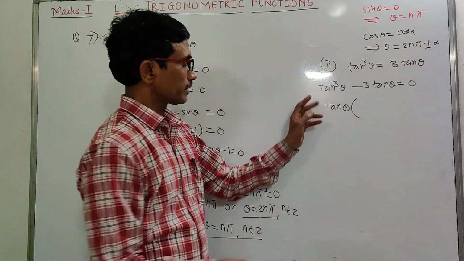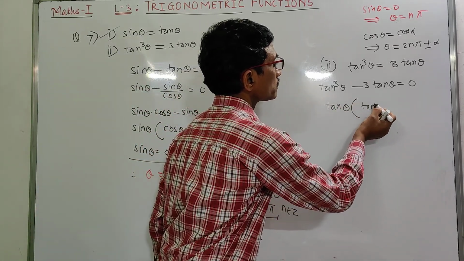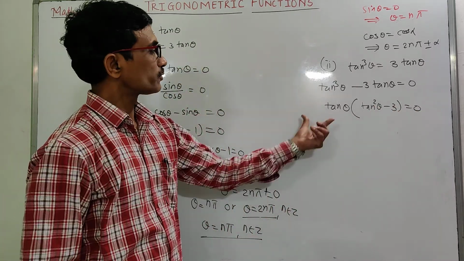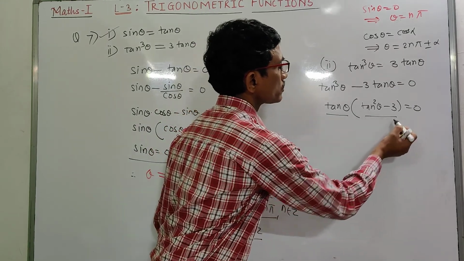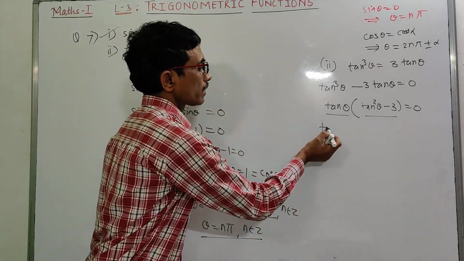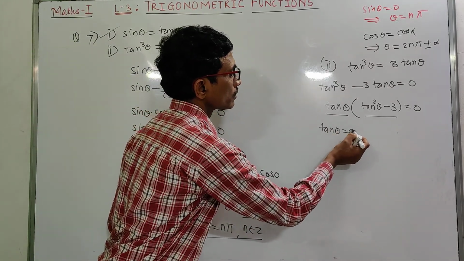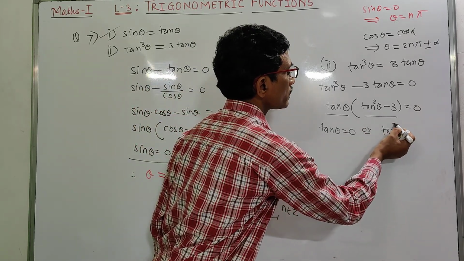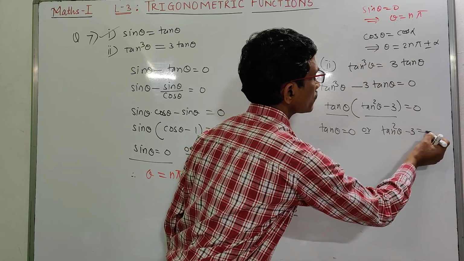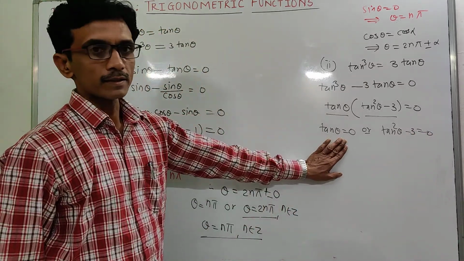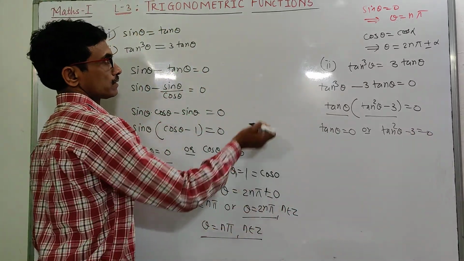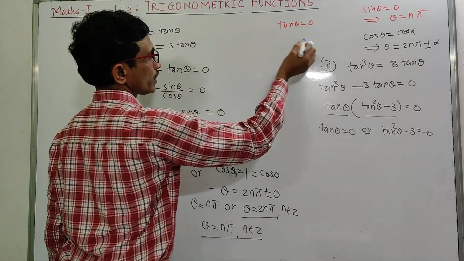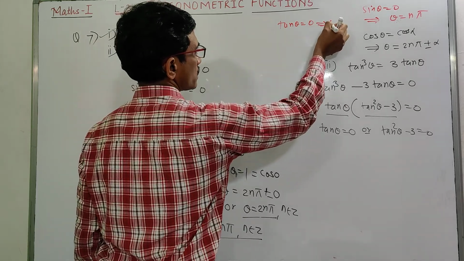So what is left here? Tan square theta minus 3 is equal to 0. Therefore either tan theta is 0 or tan square theta minus 3 is equal to 0. Now tan theta is equal to 0 implies theta is equal to n pi.